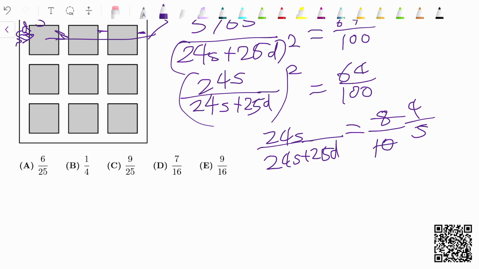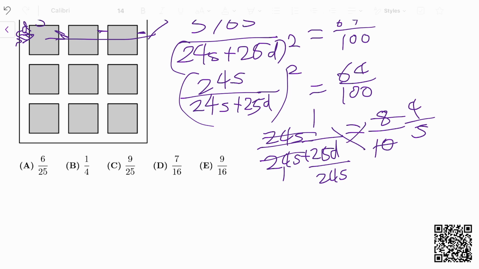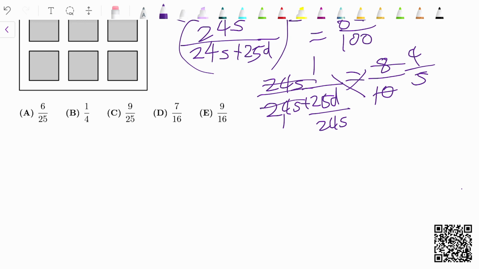Then we divide top and bottom by 24s, getting you 1 on the top, 1 here, and also like so. That means that doing a little bit of cross multiplying, like so. I'm gonna scroll down a bit more because this is long.